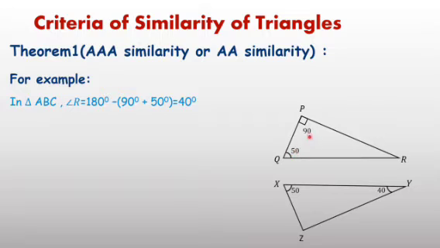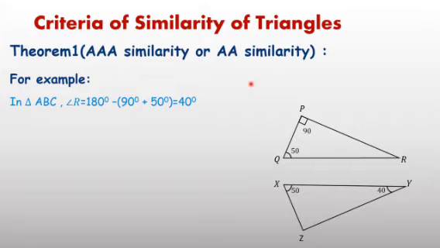The 90 and 50 given, it implies third angle is 180 minus sum of P and Q. 180 minus 90 plus 50 means 140. Subtract, you will get 40 degree. Angle R is 40 degree. So 50 degree, 50 degree, 40 degree, 40 degree, and it is 90 degree. Here also we subtract, then easily you can find the angle, that is 90 degree.